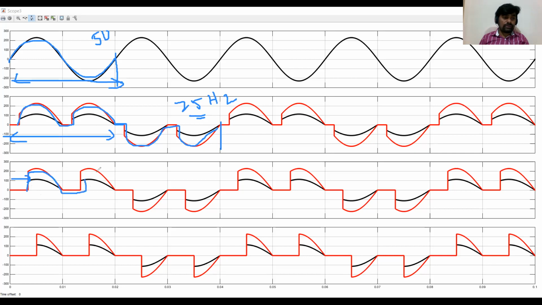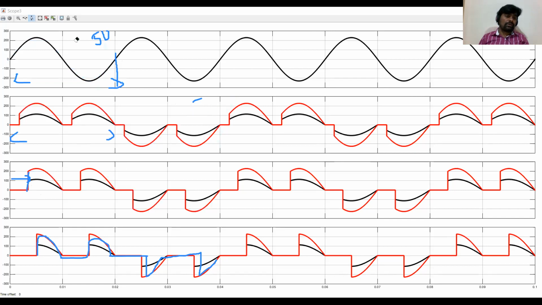So this is at alpha 60 degrees. Similarly, this is at alpha 90 degrees. So this is what the AC cycloconverter does at different values of firing angle, right? Now this is for resistive load because the output current and the output voltage are in phase.